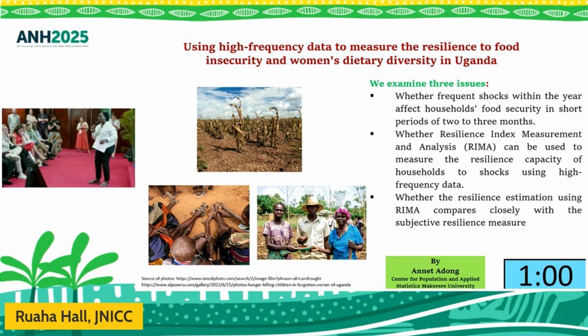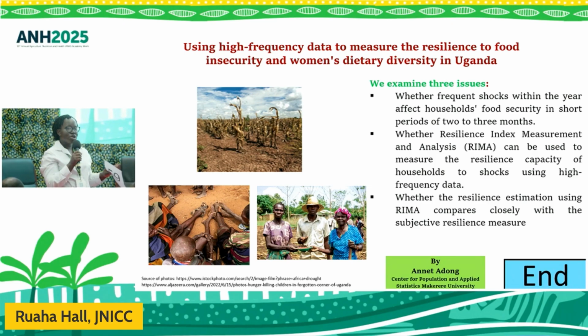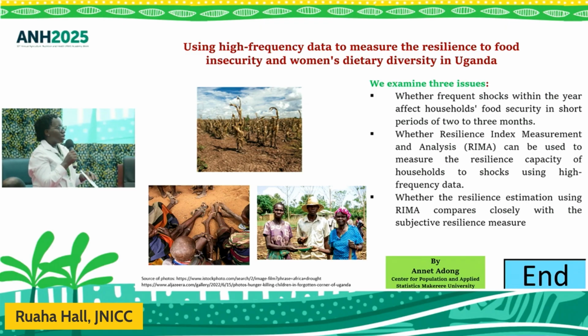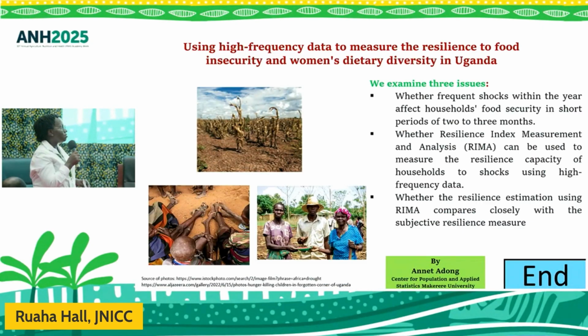Okay, thank you. I want to bring to focus the concept of resilience, which essentially means when households are exposed to a shock or a stressor, they either get stressed or do not recover, or do recover to their previous levels.